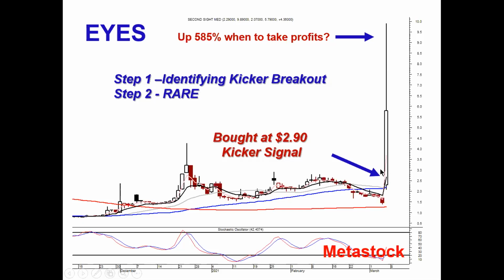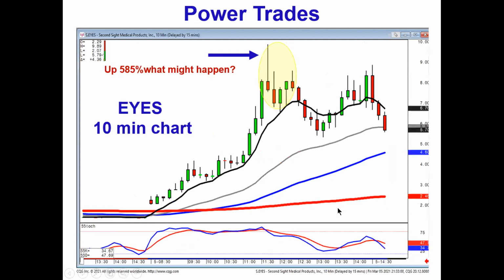In this case, they had an approval from the FDA on something that would help blind people get their vision back. So did we expect it to go like this? Definitely not. We would have been happy if it had just gone like this for a few days. But again, the probabilities put you in great probabilities of being in the right place.